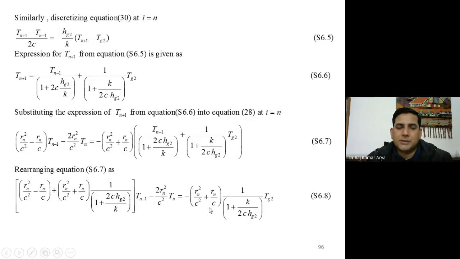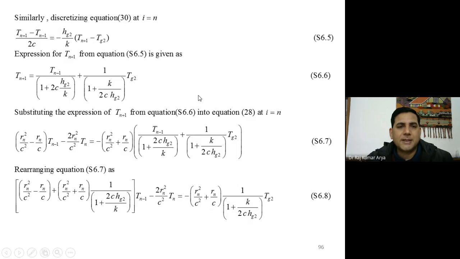So only these two changes you have to make, the first equation and the last one. The rest of the matrix would remain the same as you did for the temperature boundary condition.